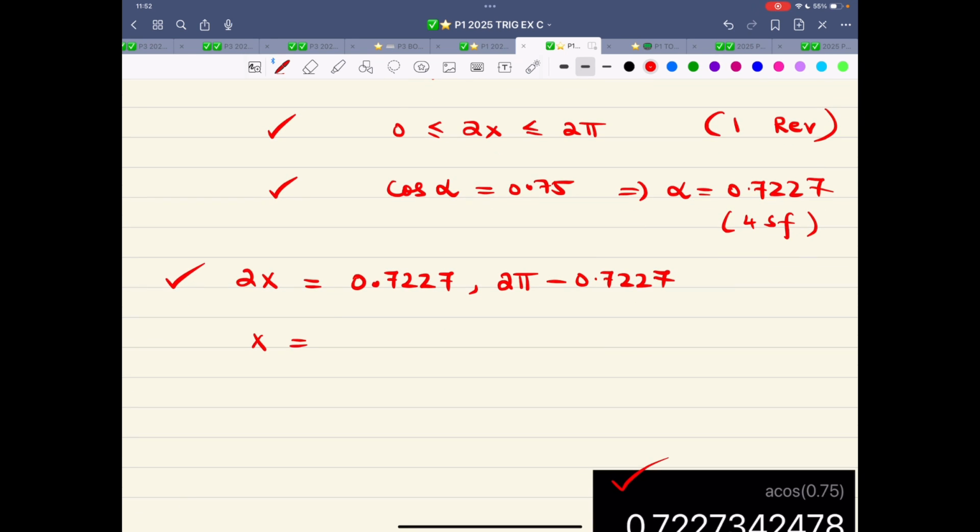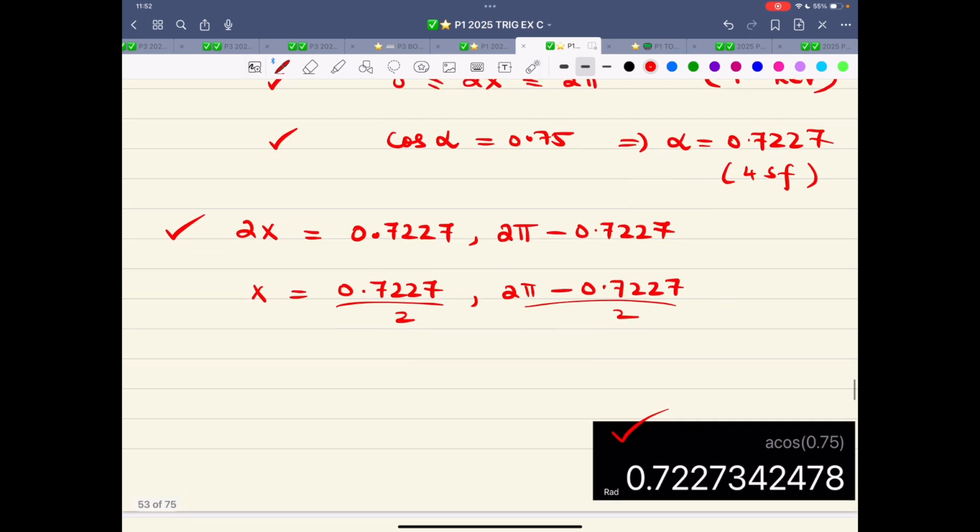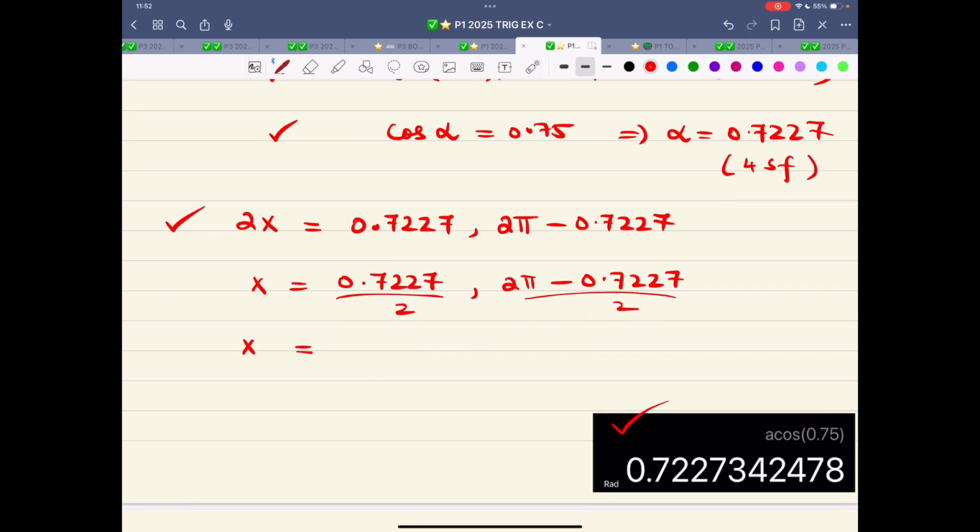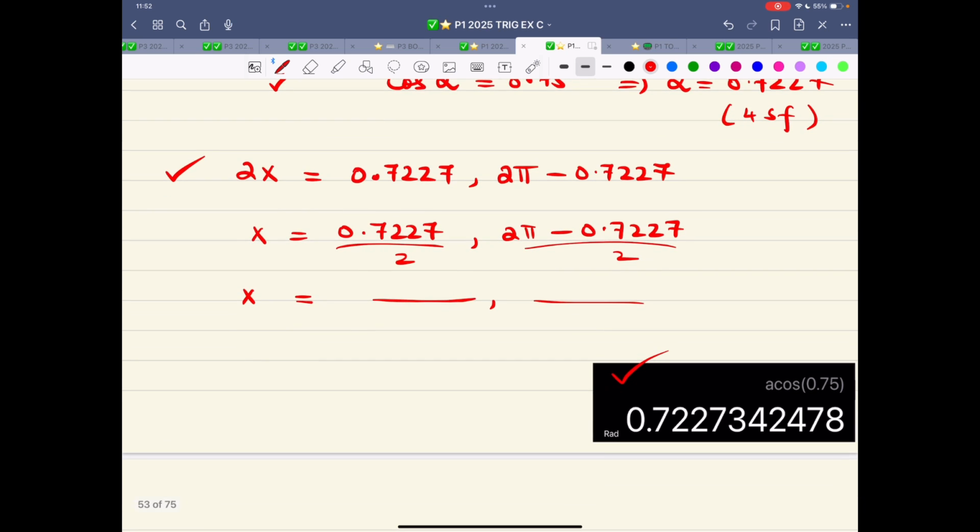Make x the subject, that is 0.7227 divided by 2, and 2 pi minus 0.7227 divided by 2. First write the answer in 4 significant figures. Final answer in 3 SF. So now I'm grabbing my calculator, and this is 0.7227 divided by 2.